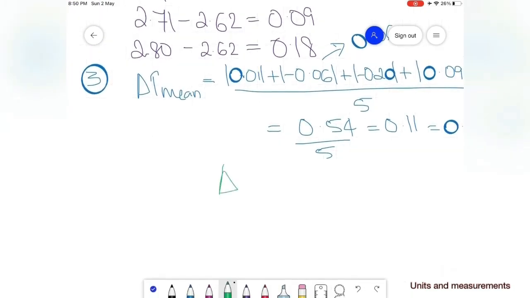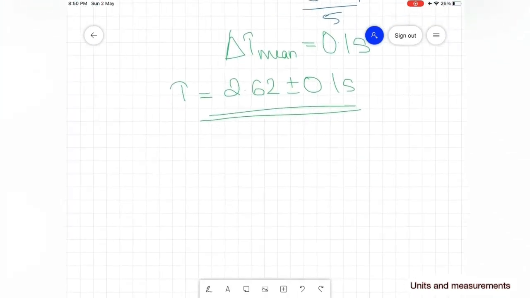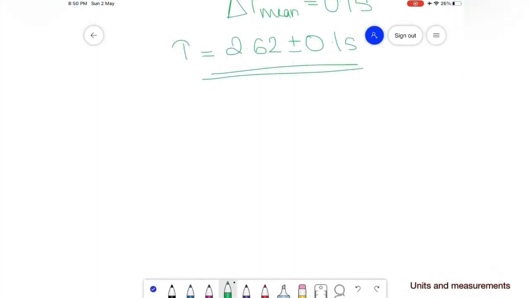Now how do you find the relative error? Alright, let's write normally. So once you've done this, you write it normally. So that is T. Okay, the value time period T is equal to T mean plus or minus delta T mean. Right? So that is 2.62 plus or minus 0.1 second. That is your T value. Your time period is this.